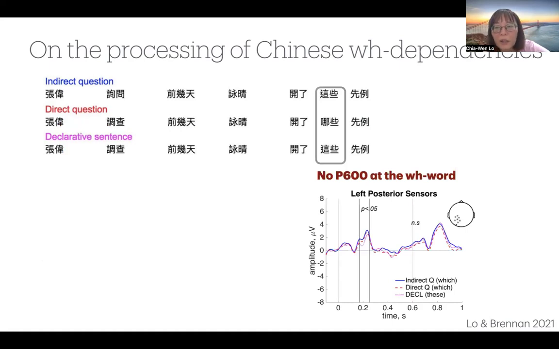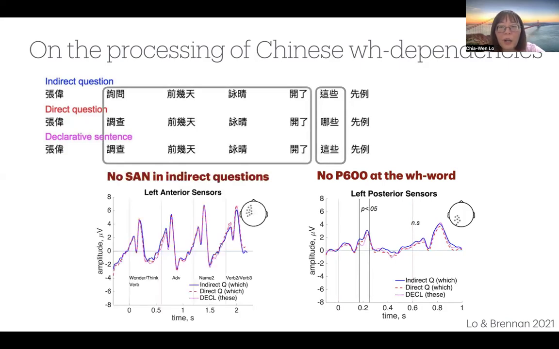Let's look at the result comparing 这些 versus 哪些. They didn't find any P600 at the WH word. We can see that the lines of these three conditions actually show similar results here.